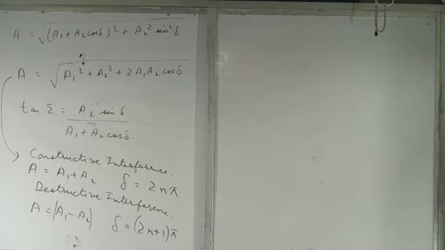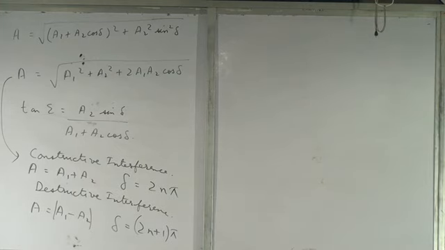Alright, quickly write down one question. x1 is equal to a sin omega t, and x2 is equal to a sin(omega t plus pi by 3). These are the two SHMs which are simultaneously acting on a particle.